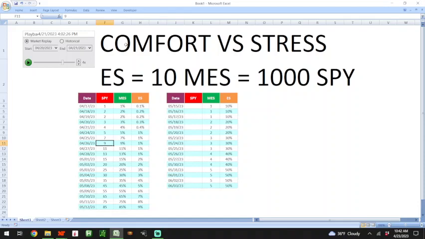So that's what my thoughts on that are. I think it is really important. If it's not important for you, you can just dive right in with one ES, a small size, and if you do well, that's really good for you. But I think for the majority of traders out there, especially new traders, this is really important.